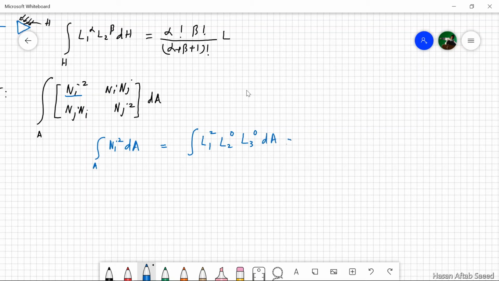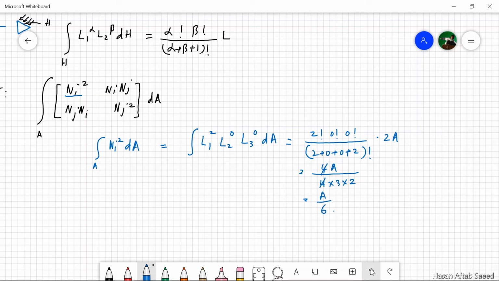Now this is simply 2 factorial, 0 factorial, 0 factorial. We know that 0 factorial is 1. Now (2 plus 0 plus 0 plus 2) factorial into 2A, whatever the area is. So we get 4A over 4 into 3 into 2, and we have A over 6.